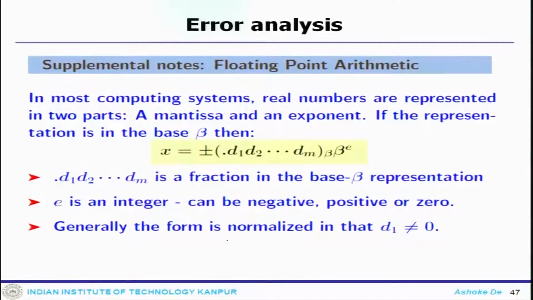Some additional notes on floating point arithmetic. In most computing systems, real numbers are actually represented in two parts. This is where slowly we are moving towards the handshaking between our hardware precision, or the machine precision, and our calculation.